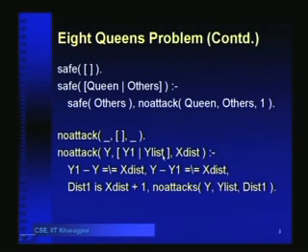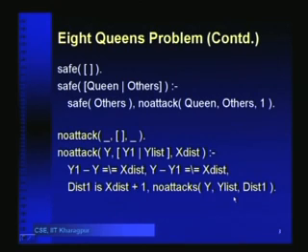So we will recursively call no attack on y list, but the distance will be x dist plus 1, because the next column is at x dist plus 1. So dist 1 is x dist plus 1, and then no attacks, this y list and dist 1. This is recursively going to check that.